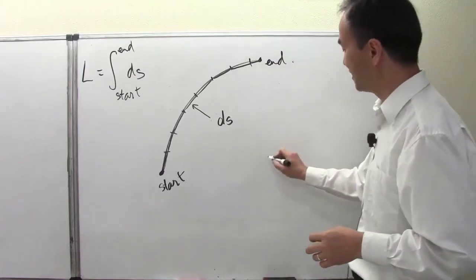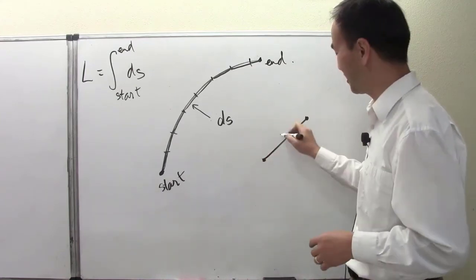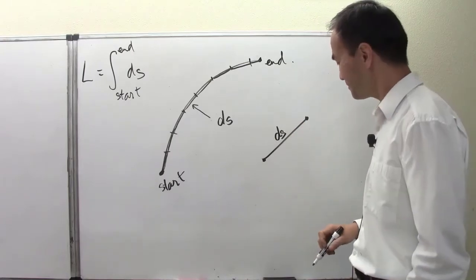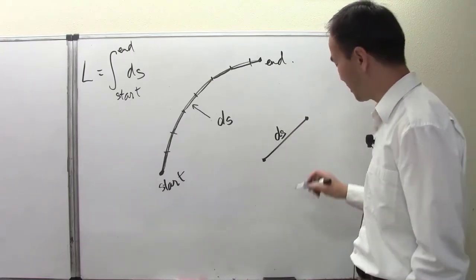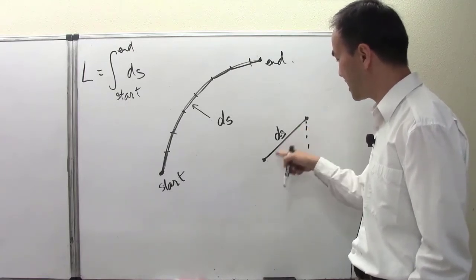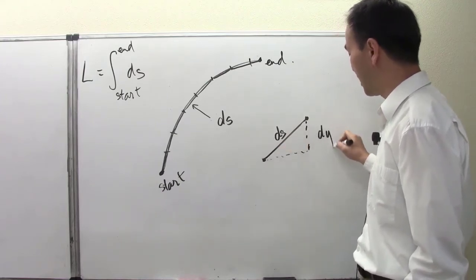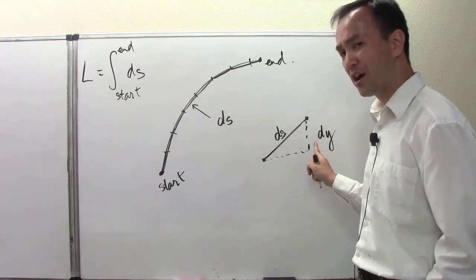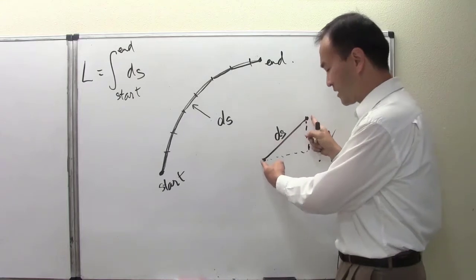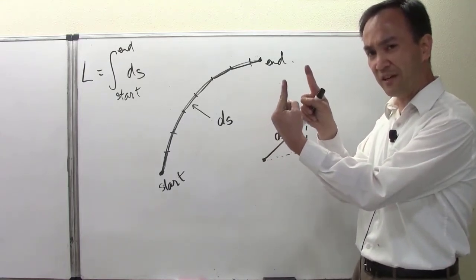So now it's a ds, and this is sort of a really zoomed in and magnified version. Let's say in one section, for one ds, as a straight section, then we have a triangle: we have that distance ds right here, then there's a change in y, and it's a dy here. The reason I'm not using delta y, but instead dy, is because this ds right now is a big version of the ds, but the idea is we're letting ds get infinitesimally small.